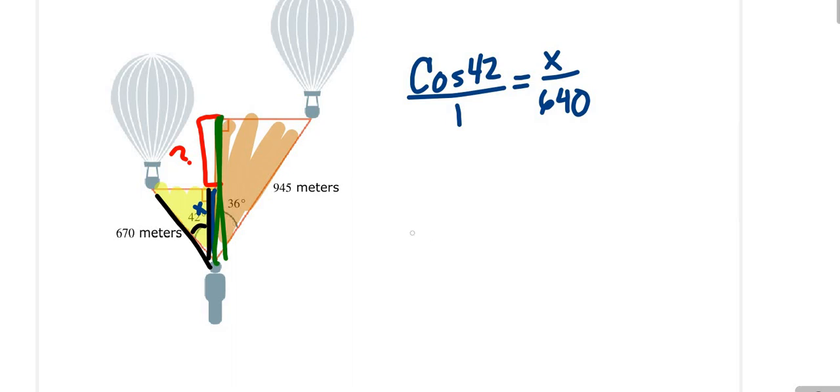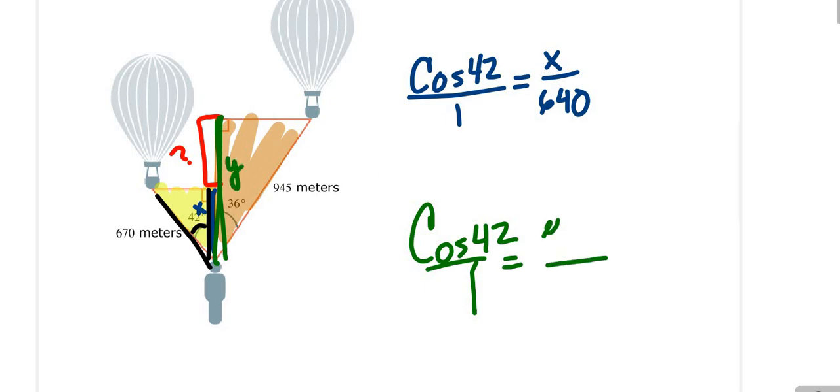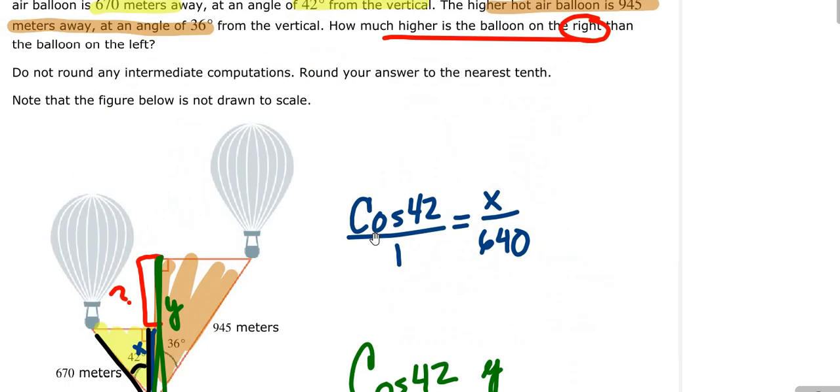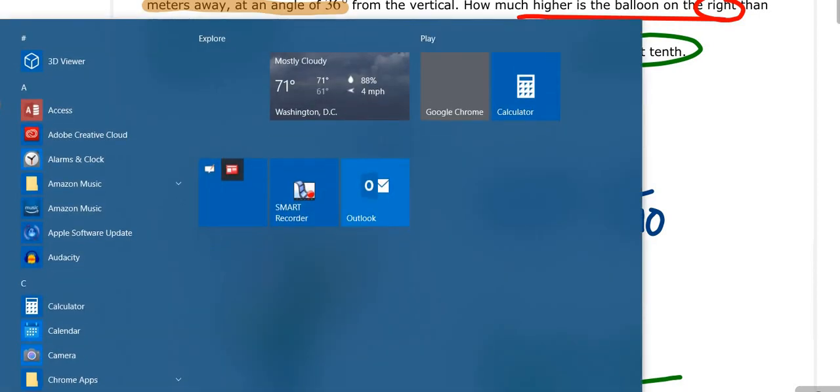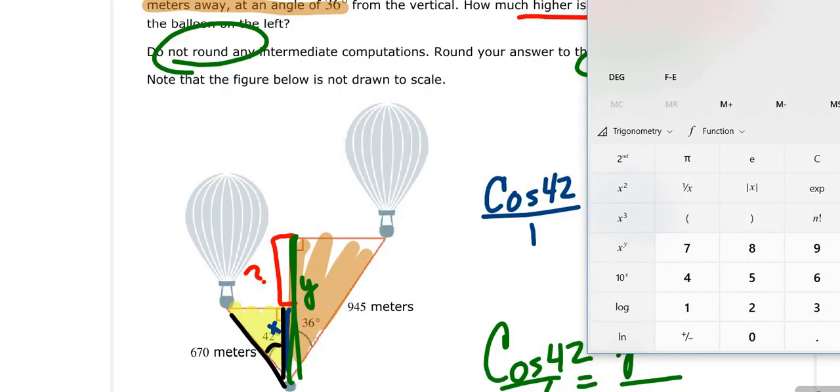And for the green, that's adjacent and hypotenuse, that's going to be cosine 42 equals, we'll call this y over 945. It says right here, do not round any intermediate calculations. Round your final answer to the nearest tenth. Very important. Make sure you use an ALEKS calculator here.